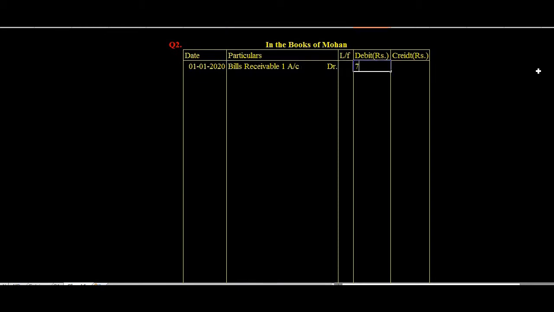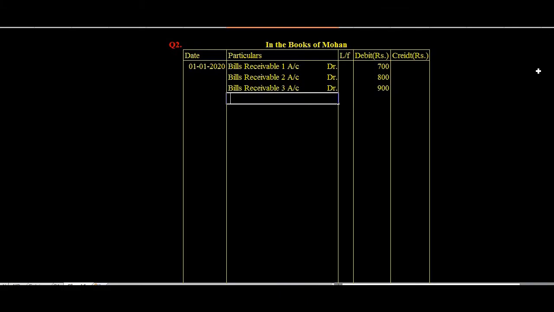The amount of the first bill is 700. Then we have bills receivable 2 account which will be debited. The amount of the second bill is 800. And then there is again a third bill which is bills receivable 3 account, and this bill is for rupees 900.